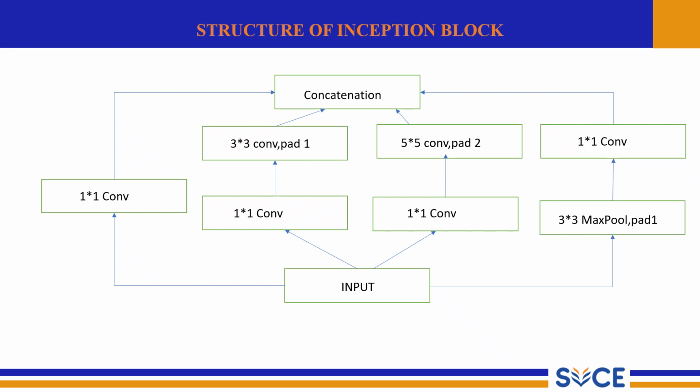So finally, the outputs from all 4 paths are concatenated along the channel dimension to form the final output of the Inception block. The main hyperparameter that is tuned in the Inception architecture is the number of output channels in each layer, which helps to balance performance and computational efficiency. This completes the explanation of the Inception block.